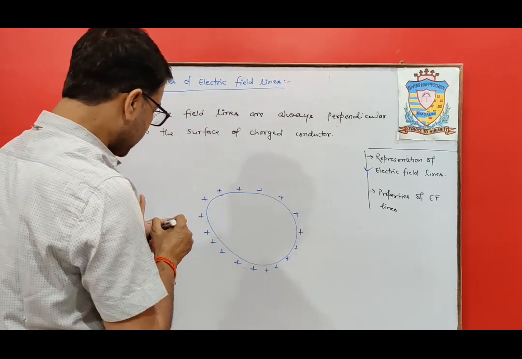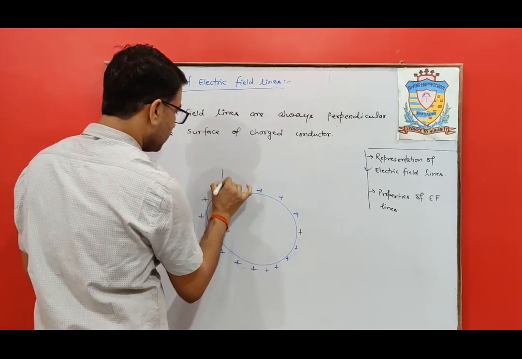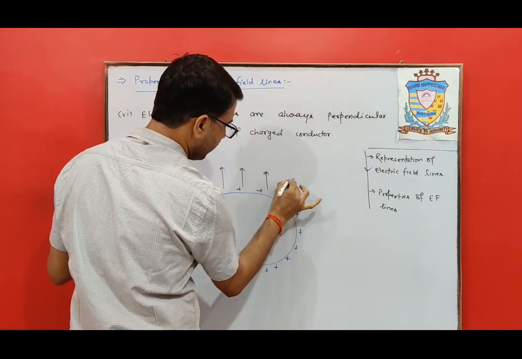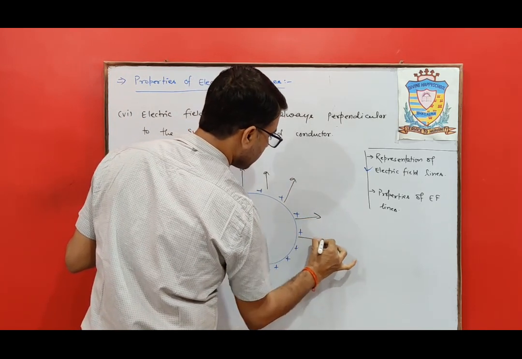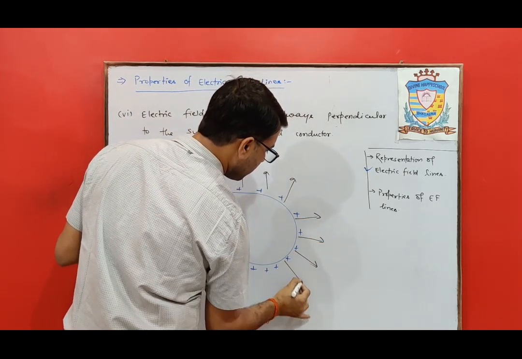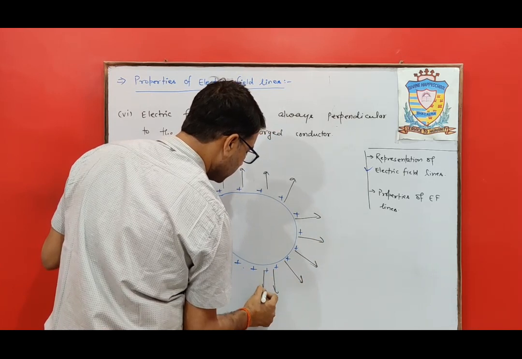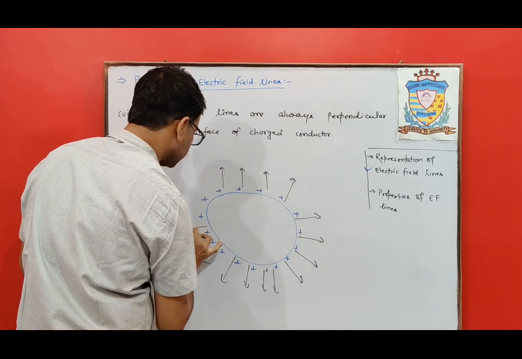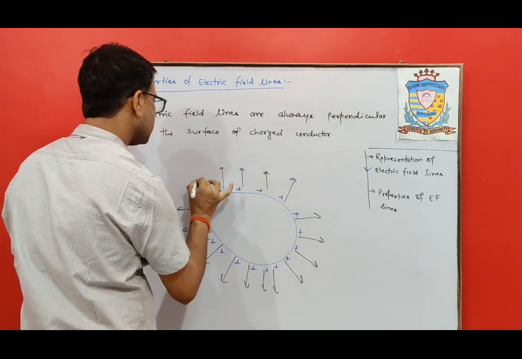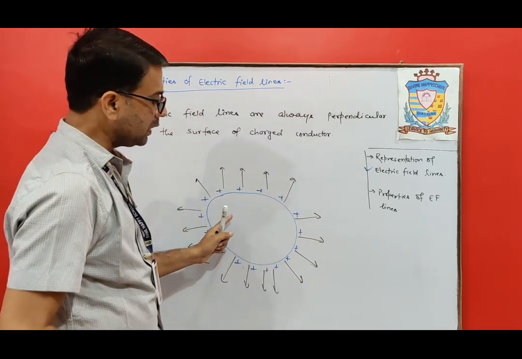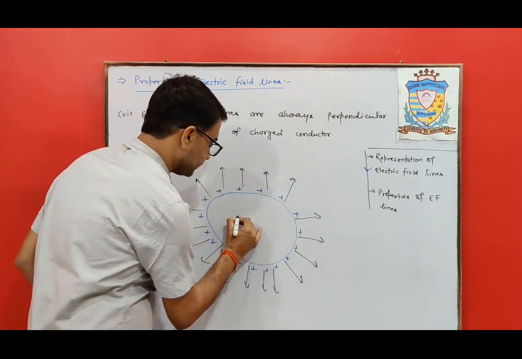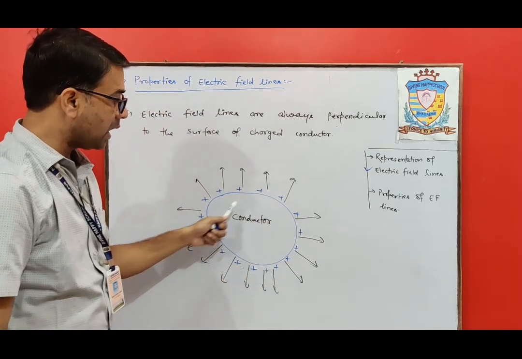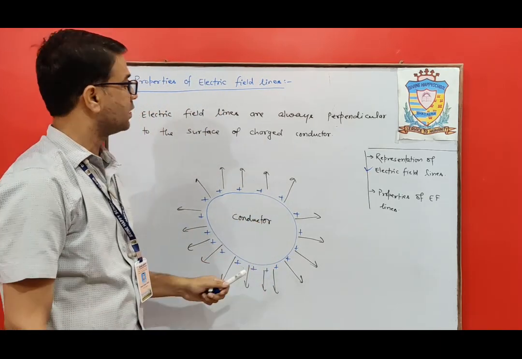In that case, these will be the electric field lines, which are always perpendicular to the surface of the charged conductor. Clear? What about the inside? In this case, the total electric field inside the conductor is 0.